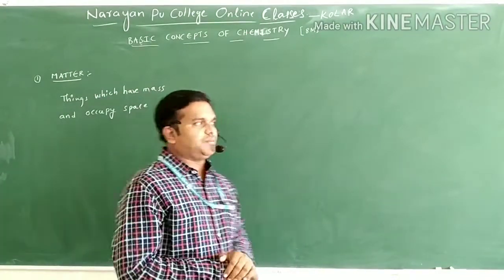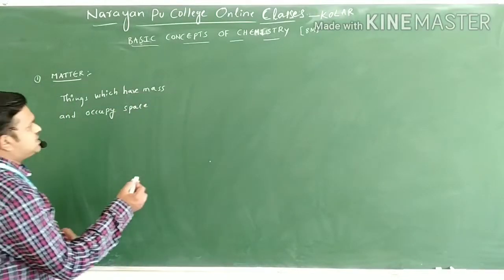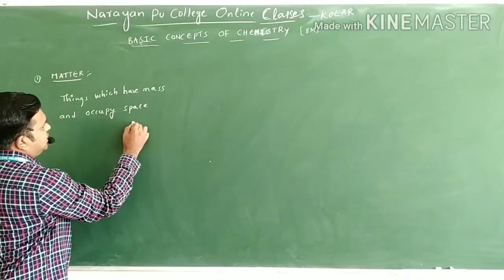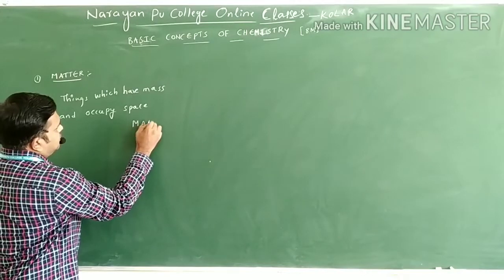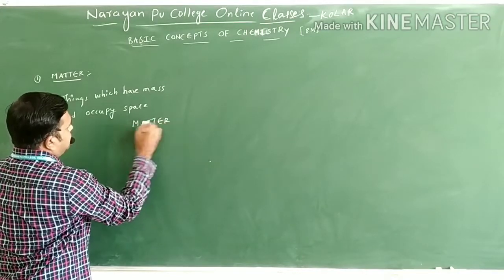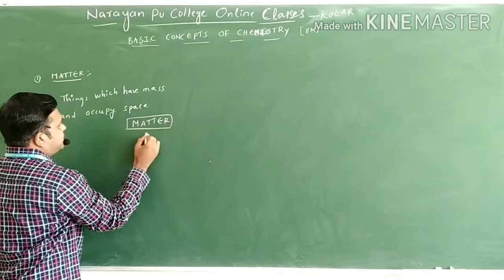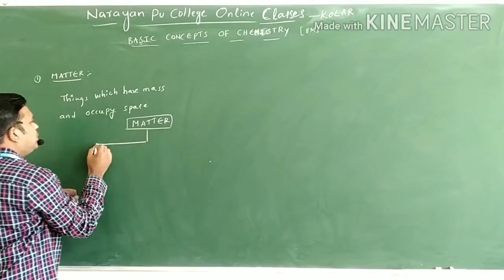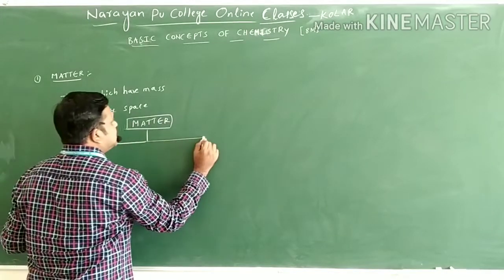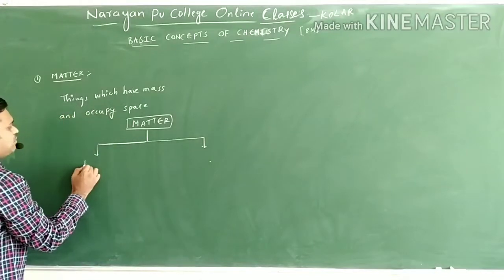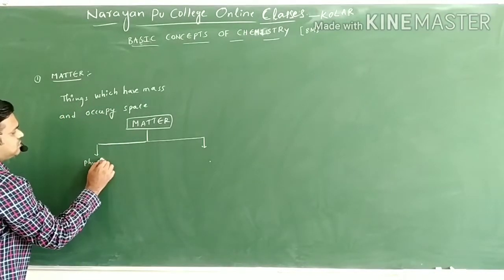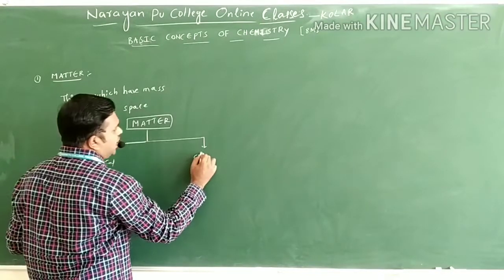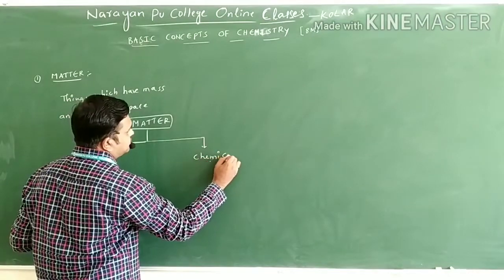into different ways. Okay, so we have matter. Matter can be classified into two important categories: physical properties and chemical properties.